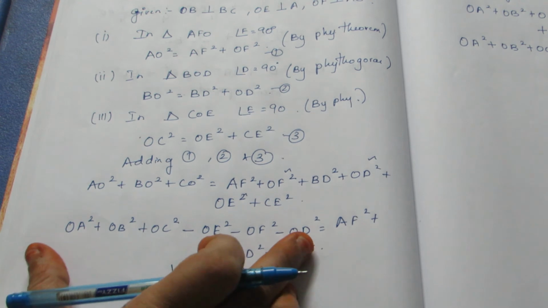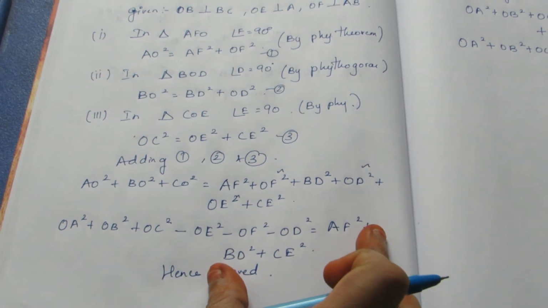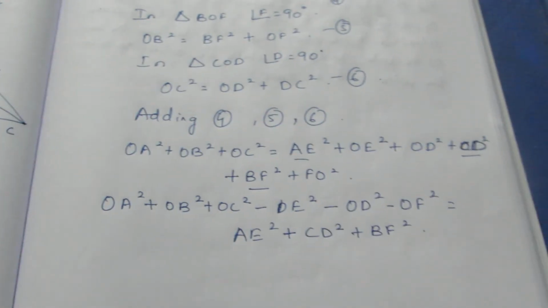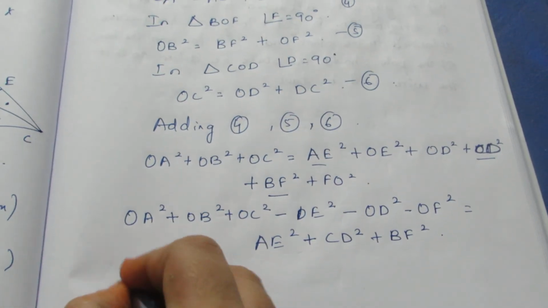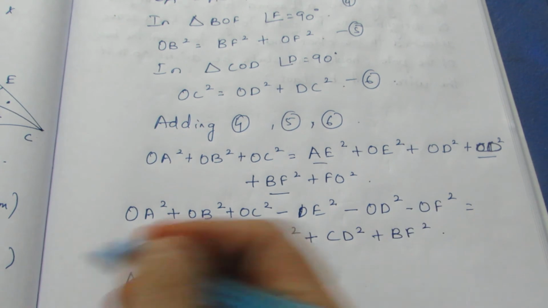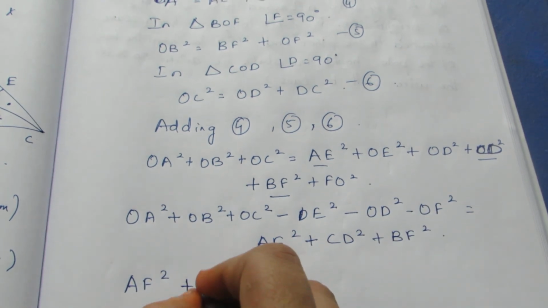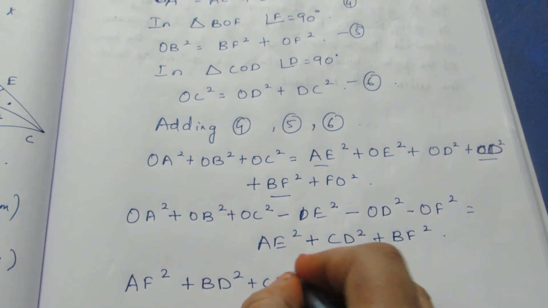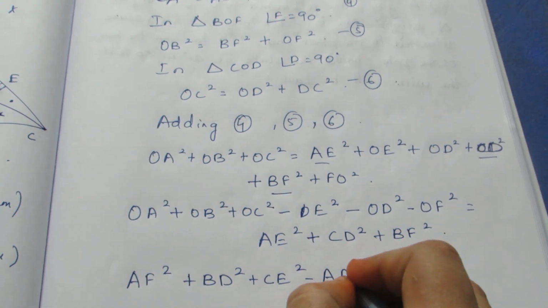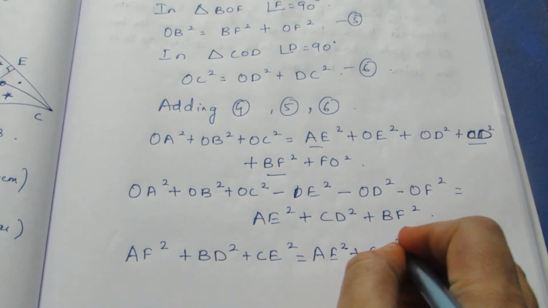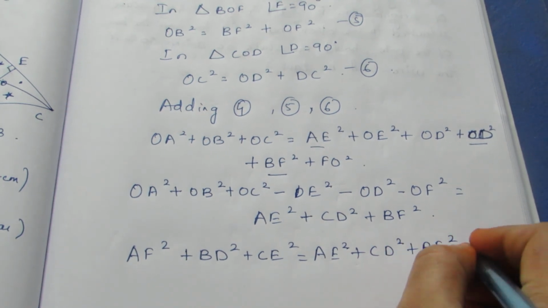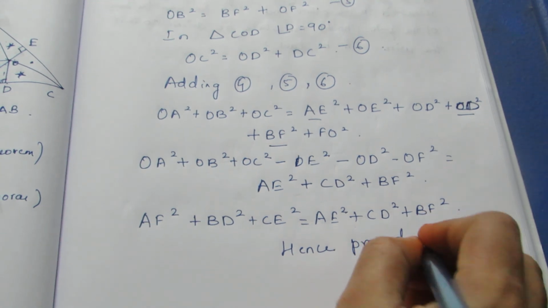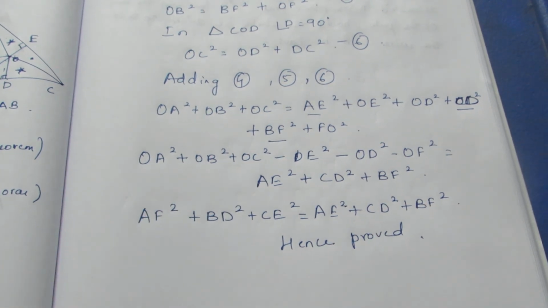So we can directly substitute the value of AF square plus BD square plus CE square instead of the LHS. So instead of LHS I am substituting the value of AF square plus BD square plus CE square, which is equal to AE square plus CD square plus BF square. Hence proved. That's all with the sum. We have proved the second subdivision also.